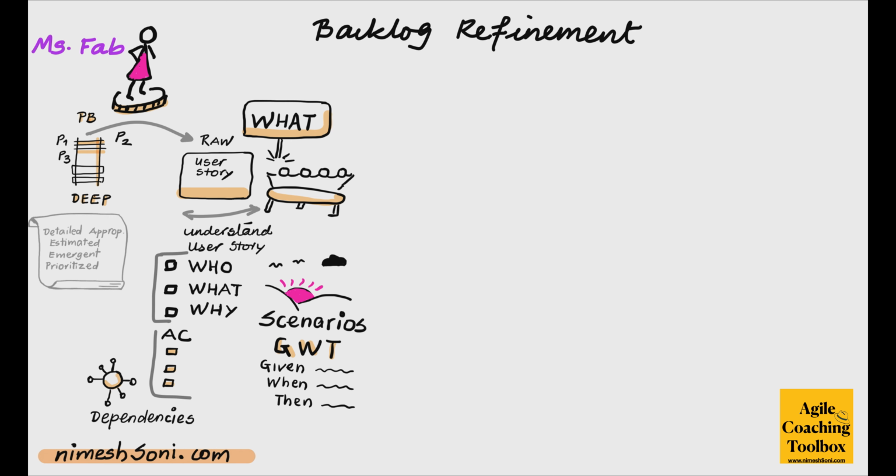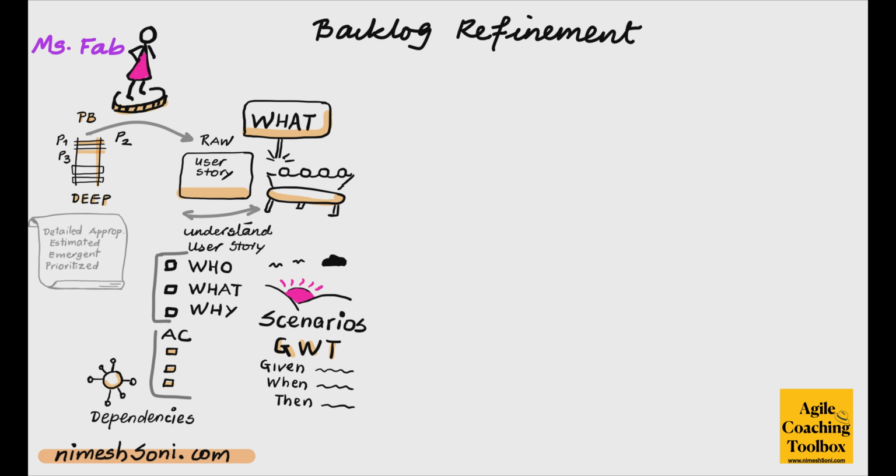Come prepared in the sense that Miss Fab can answer all those questions, and the team is engaged in this conversation and asking all the relevant questions that they need answered so that they have a clear understanding of this user story. So through these several back and forths, through this conversation, through this collaboration, now the team has a good understanding of the user story.